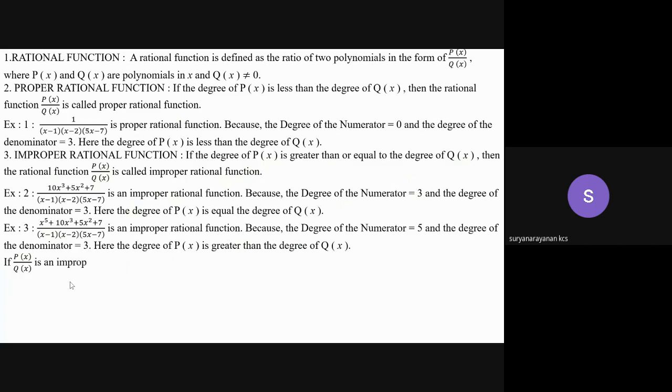If p of x by q of x is an improper rational function, then we divide p of x by q of x by using long division. In the number system also, if the given fraction is an improper fraction, what will you do?